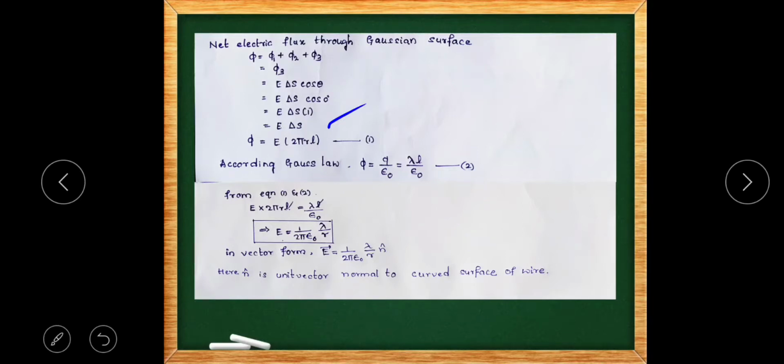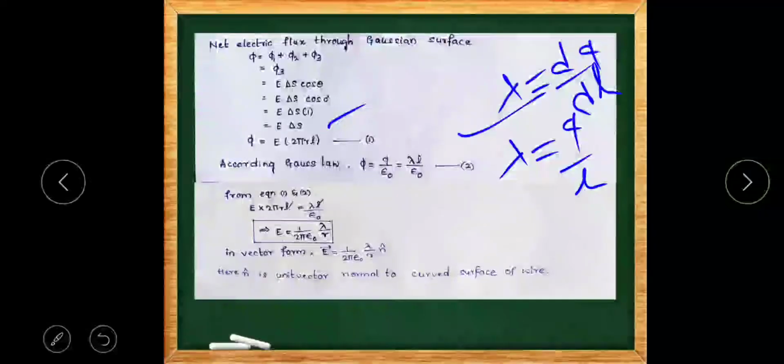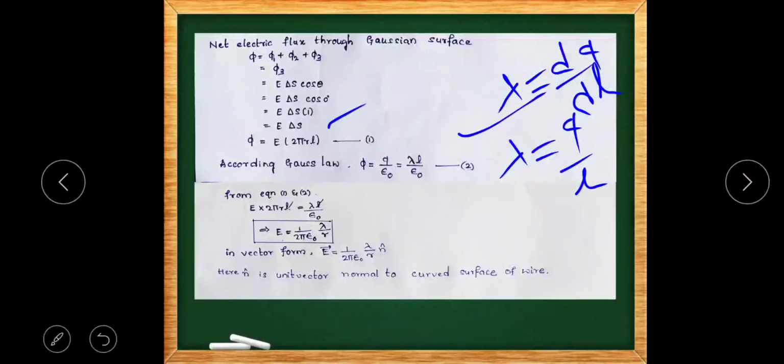According to Gauss law, phi equal to q by epsilon naught, where q equal to lambda L. We know the linear charge density lambda equal to q by L. Will you agree? Yes, there we mentioned lambda equal to dq by dl, or we may write lambda equal to q by L, hence q equal to lambda L. Equation 2. Now equate equation 1 and equation 2.